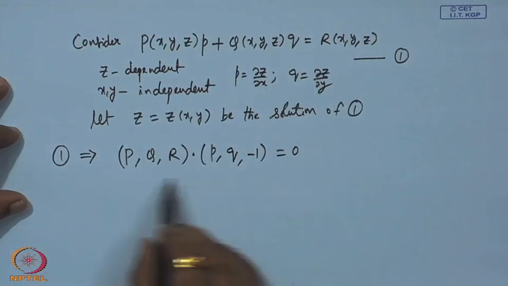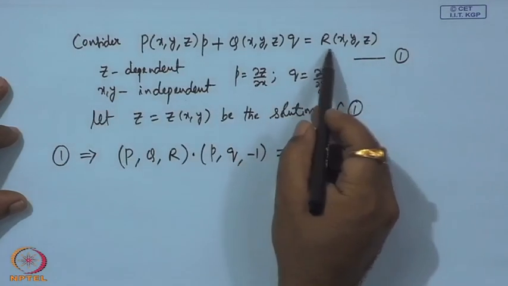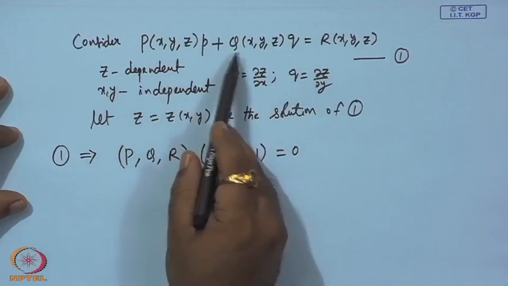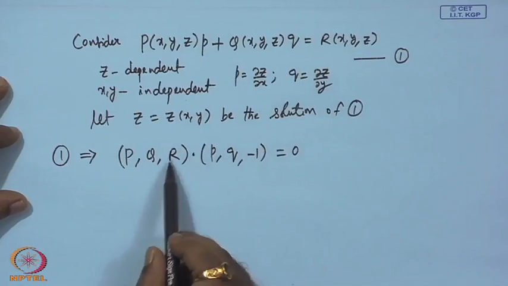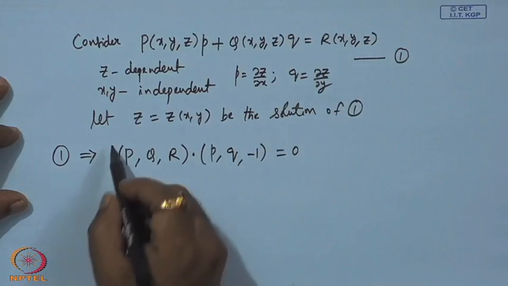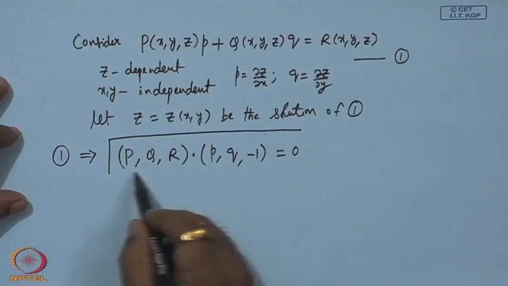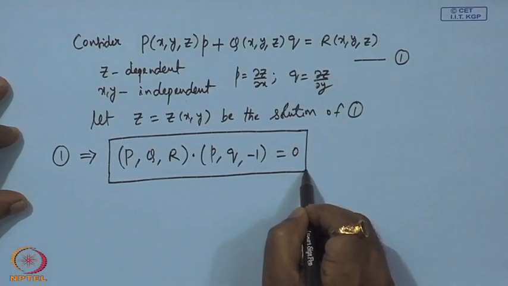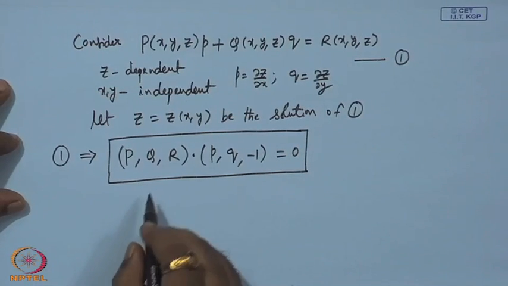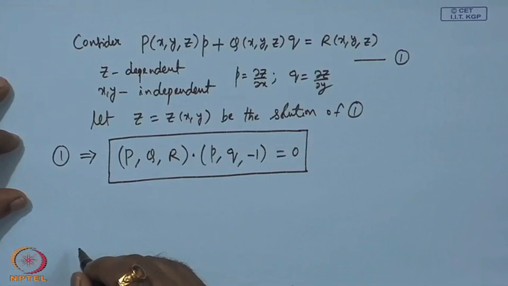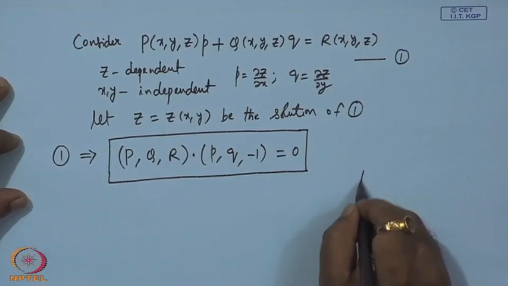So, it can be put in this form, look carefully. If you bring in minus r, I have taken p q r there and here small p q and minus 1. So, exactly 1 can be represented in this form.